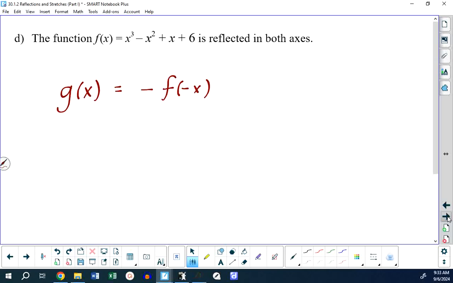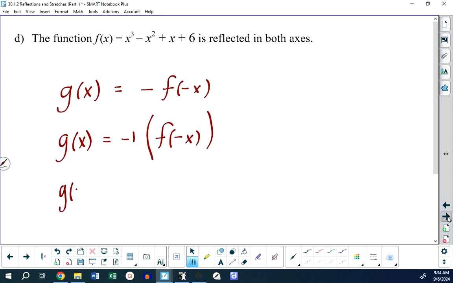So we have to apply this twice, in 2 places, or 2 ideas. So I'm going to leave the negative 1 out here, and I'll even write an extra line, f of negative x. So I'm going to have g of x equals negative 1 times this function f of x with a negative x every place there's an x.